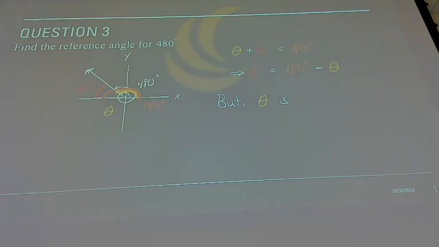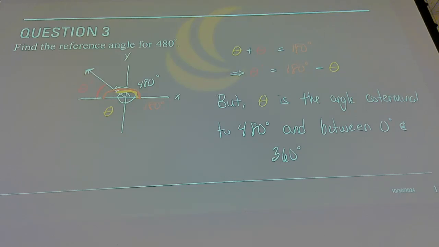Two angles that share the same terminal side, what do they call it? And what is it between? More specifically, it's actually between 0 and 180, but I'm not worried about that. I'm just going to keep it between 0 and 360, so one full revolution of a circle. With that knowledge, what is theta?